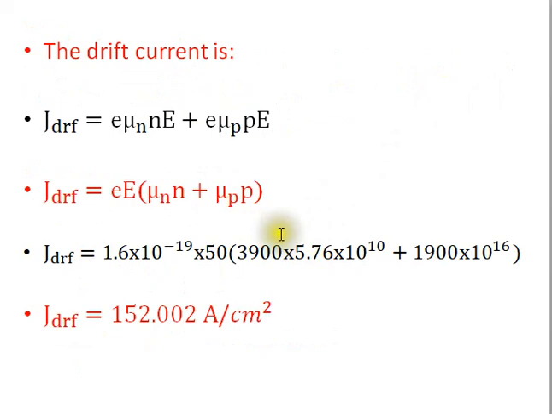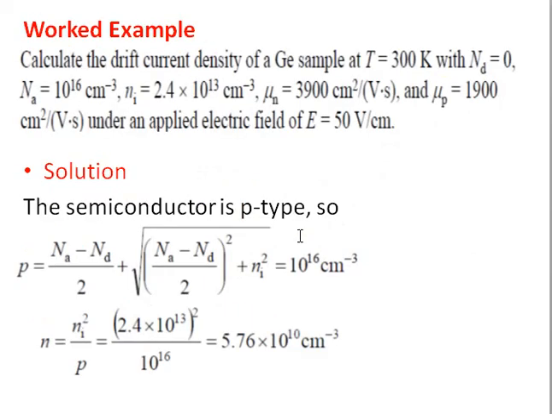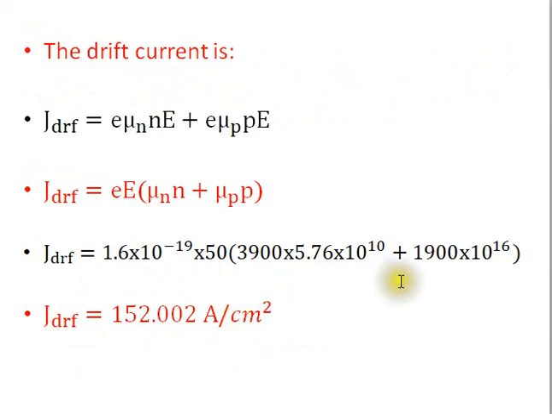The number of electrons I just calculated here as 5.76 times 10 raised to the power 10. Substituting everything and evaluating, I got 152.002 ampere per centimeter square, which is our overall current density.